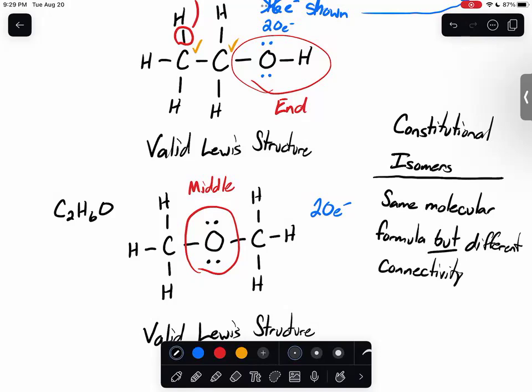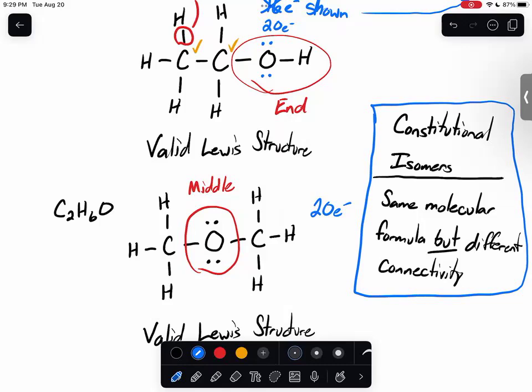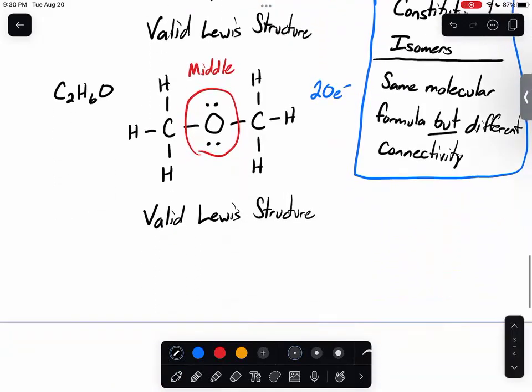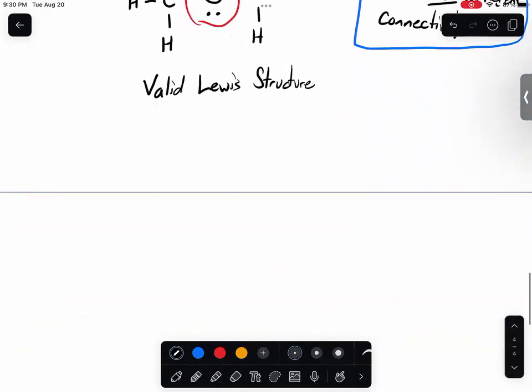So, with that being said, constitutional isomers are actually going to be very important for us because they're one form of how organic molecules differ, right? These constitutional isomers are not the same compound. They are isomers of one another. So, there can be multiple constitutional isomers of the same compound, right?